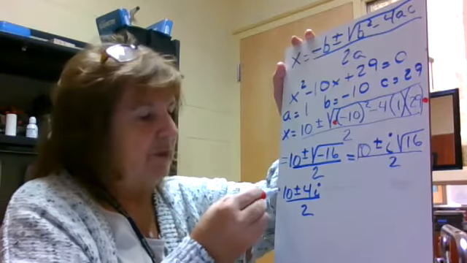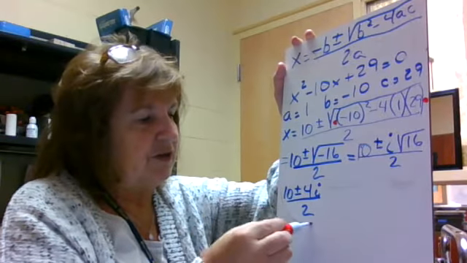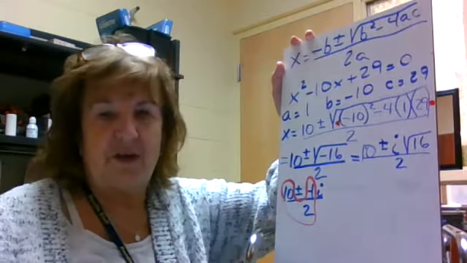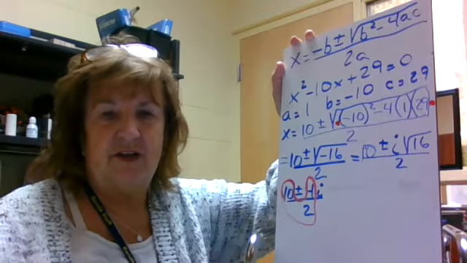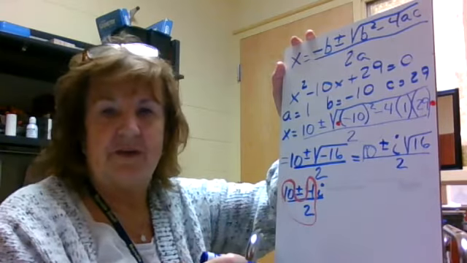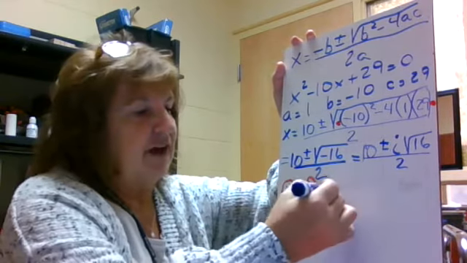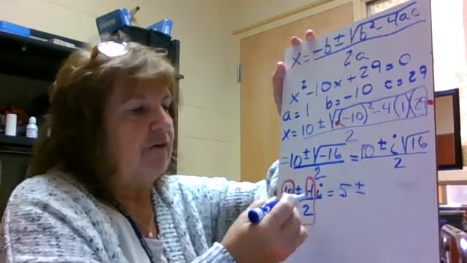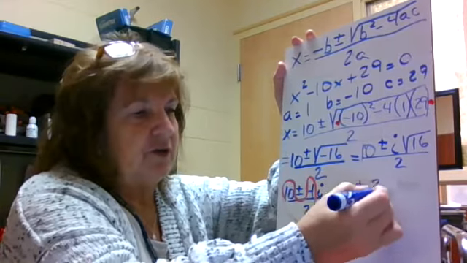Now, remember, you've got to reduce all 3 of those numbers. Well, I can divide 2 into all 3 of those numbers. So 10 divided by 2 is 5, plus or minus 4 divided by 2 is 2.